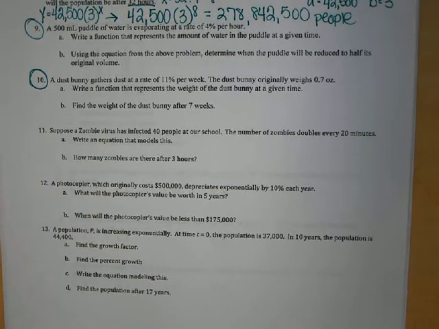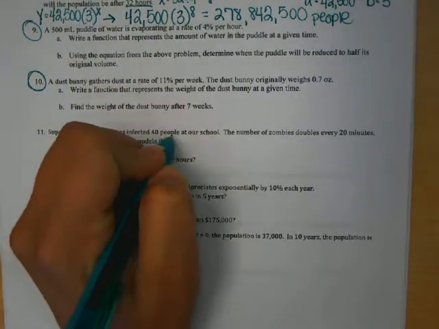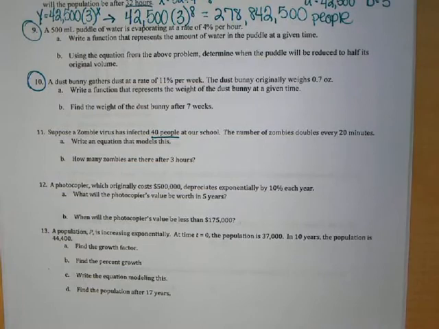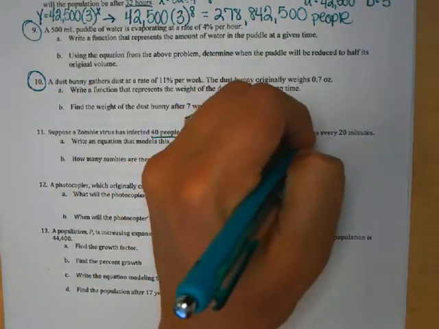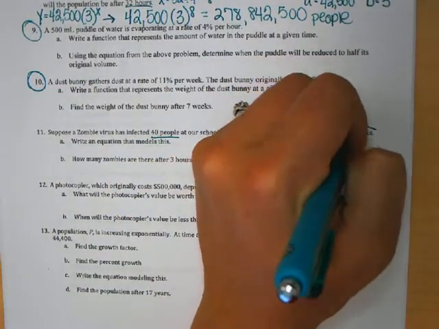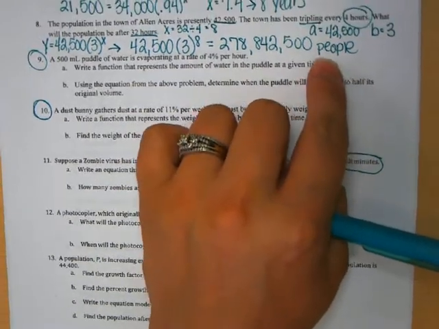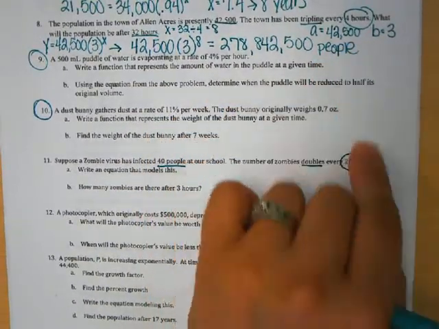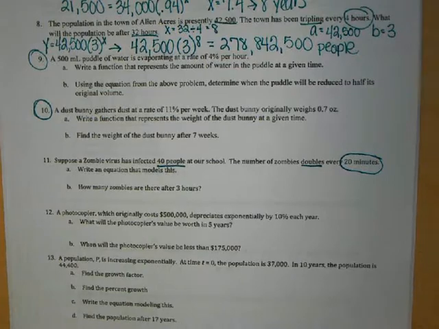So it says, suppose a zombie virus has infected 40 people at our school. The number of zombies doubles every 20 minutes. So this is another one of those problems, like up here, where it's giving me a specific time that it doubles.